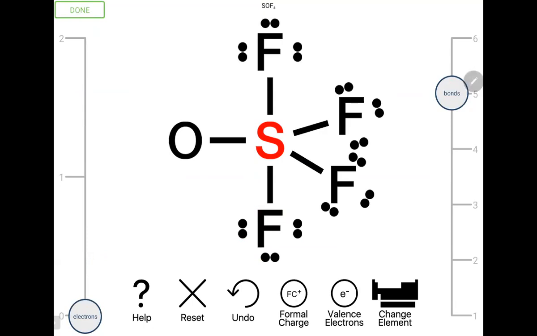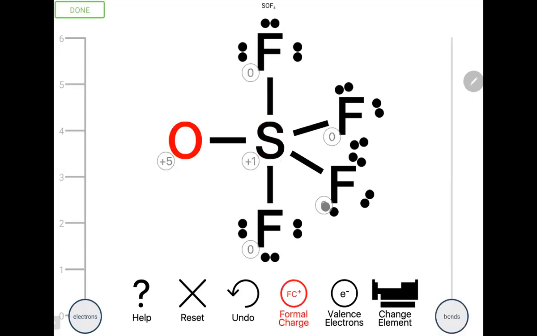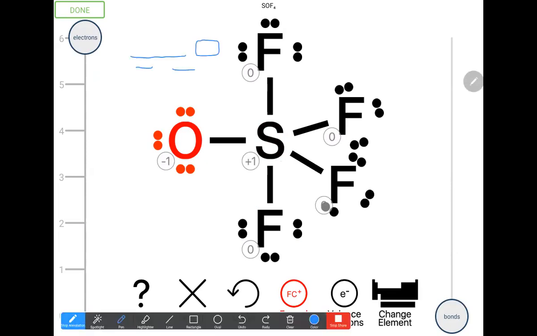So let's look at our formal charges so far. S is a +1, right? So we could go like this. Now, do we have the right amount of electrons? I think so, because we're adding up to a formal charge of 0. So let's calculate this out.